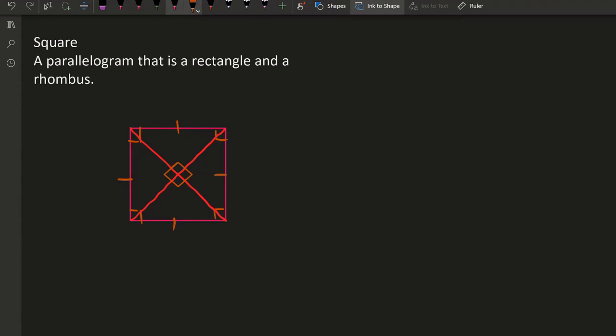Since it's a rhombus, that means that it cuts all of these angles in half, but those angles are congruent since they're a rectangle, so that means every angle right here is exactly 45 degrees. And then since it's a rectangle, the diagonals are congruent to each other, which means all four of these little pieces are also congruent.